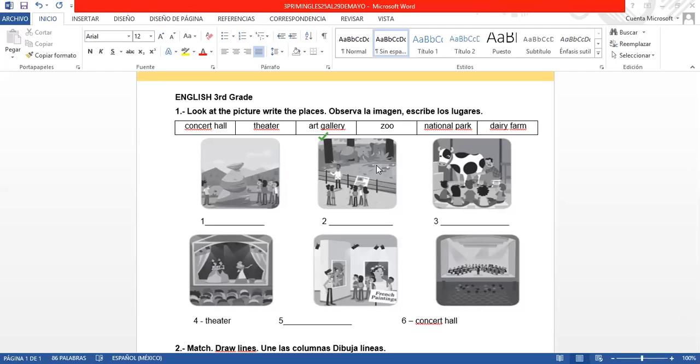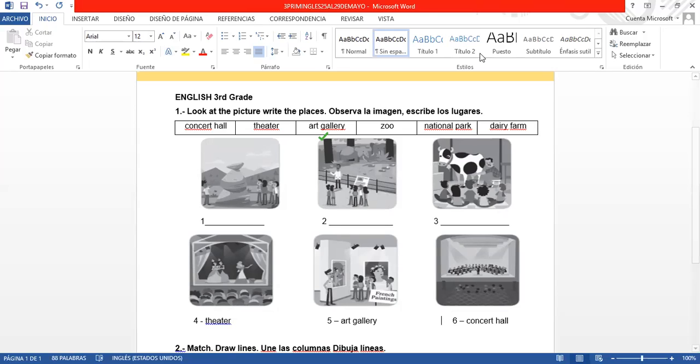And I believe that's what we have in number 5. Okay, there we go. Now we just need the first 3 images. We need to find what they are.